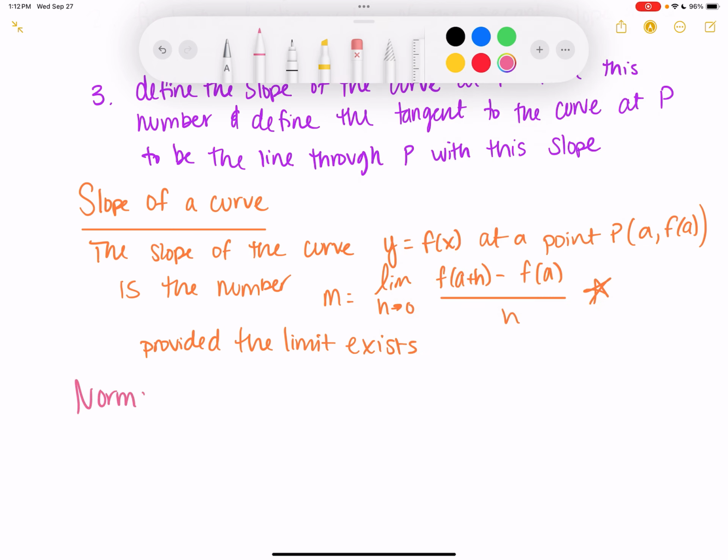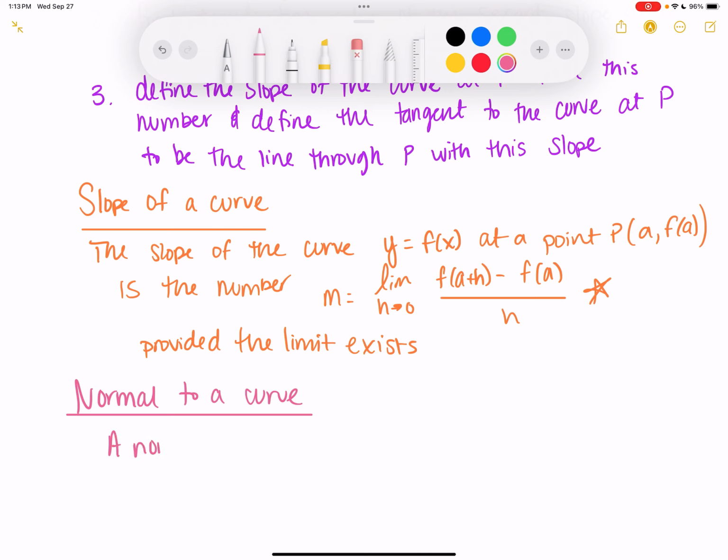next is normal to a curve. So you're going to have problems that ask you for the tangent line, and then you're going to have problems that ask you for the normal line. So a normal line to a curve is basically perpendicular to the tangent line.